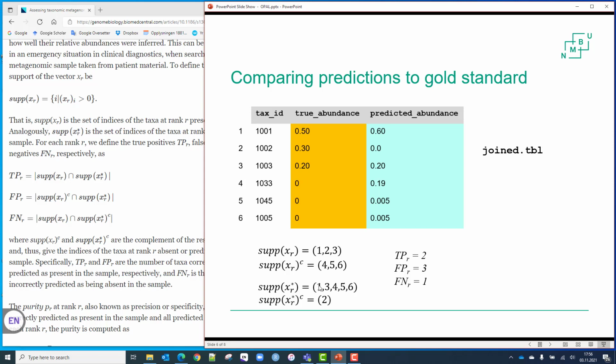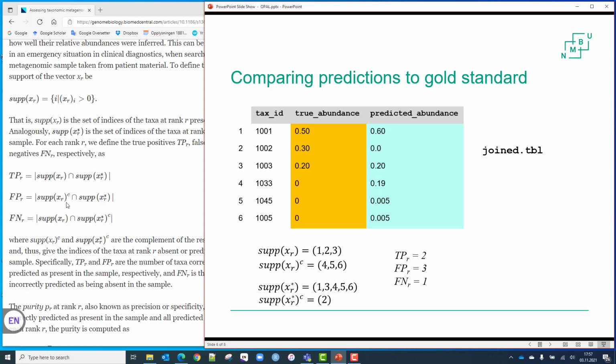What is the intersection between them? Which elements in this is also an element in this? It's 1 and 3. And the size of that is 2, because there are 2 elements, right? So here we have the true positive, 2. 2 true positives, and we can see it directly from here, right? Because this is predicted and it's also true. This is predicted positive, and it's also true. So there are 2 true positives.